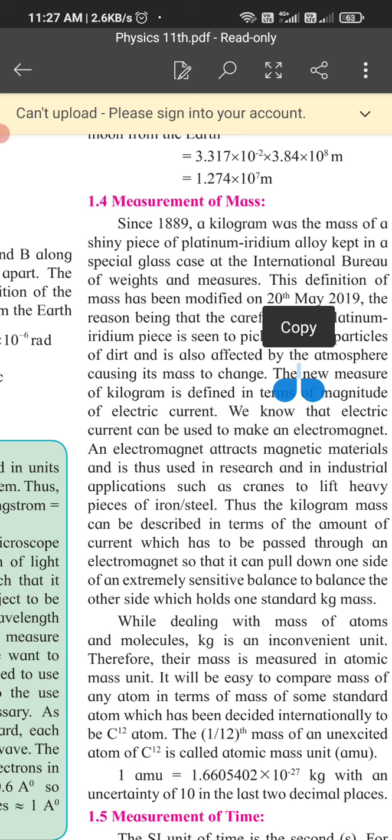That is, 1/12 of the mass of an unexcited atom of carbon 12 is called the atomic mass unit, that is AMU. 1 AMU is equal to 1.660504 into 10 raised to minus 27 kg.